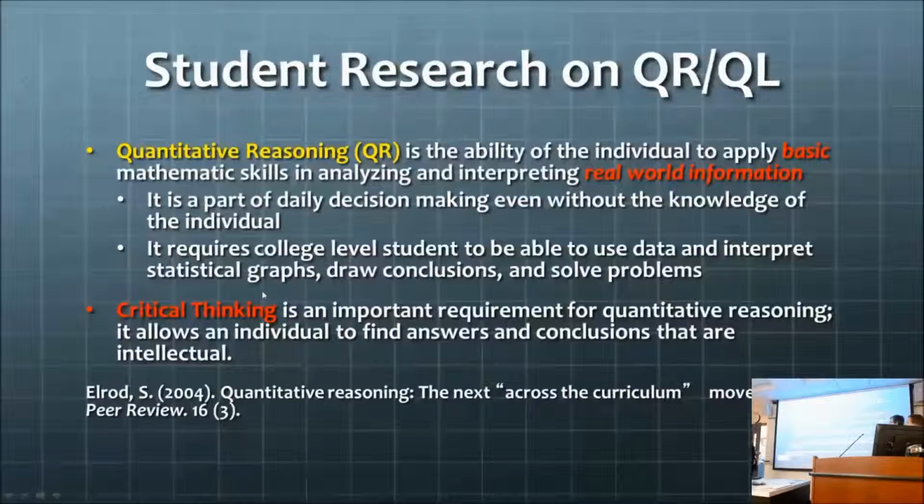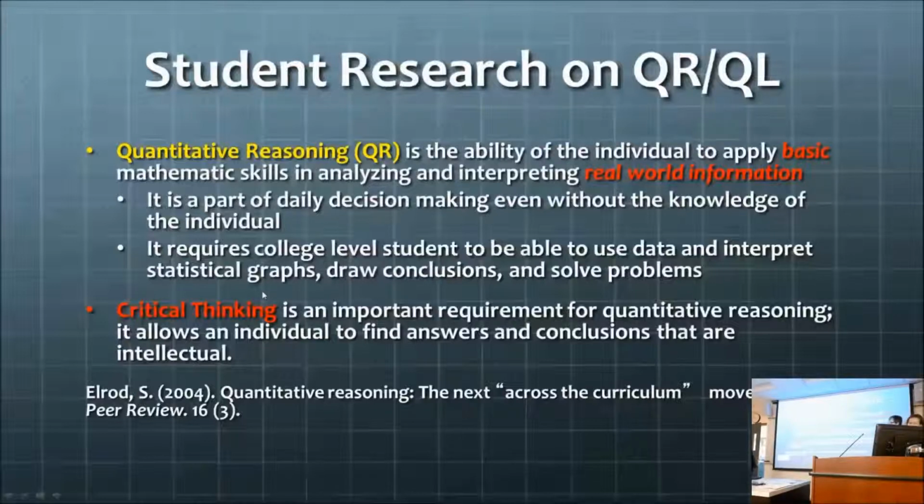Quantitative reasoning is the ability of the individual to apply basic mathematical skills in analyzing and interpreting real world information. So we're bringing the real world they're exposed to into the classroom. It is part of daily decision making, even without the individual's knowledge. They don't know they're using quantitative reasoning on a daily basis.